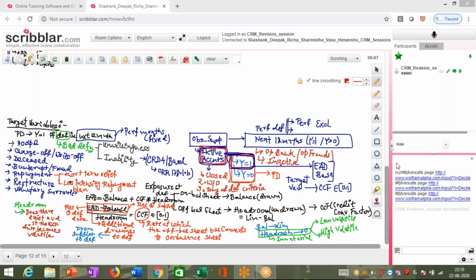Now, if the CCF becomes volatile, it means that after a certain level, you will see that the overall variance in the CCF will increase suddenly, right? So basically, the steps that you would follow to do this analysis are very simple.